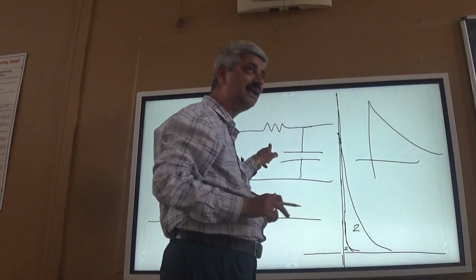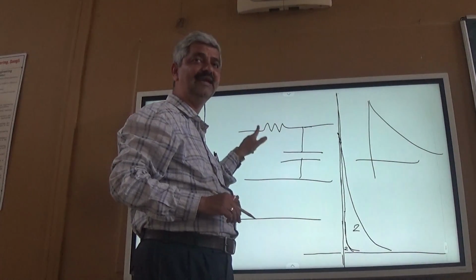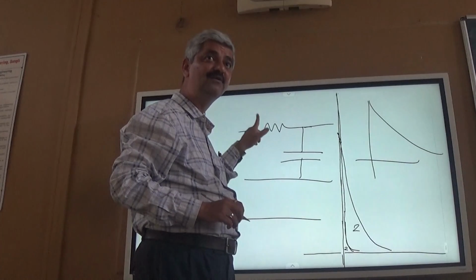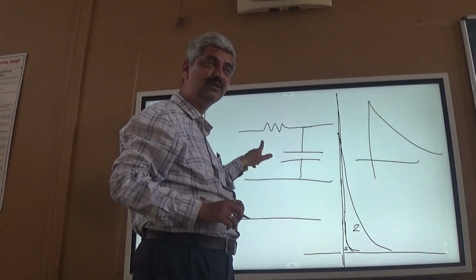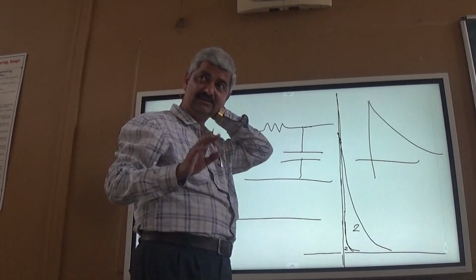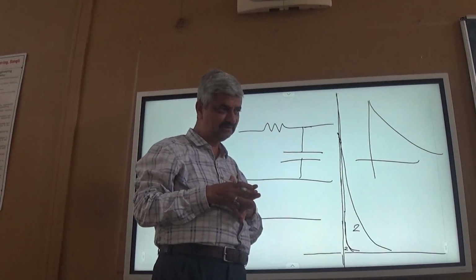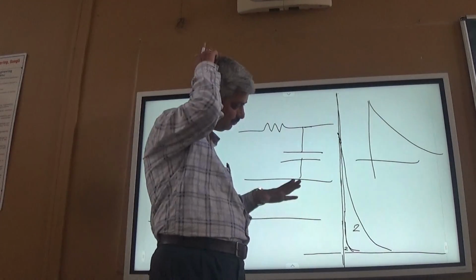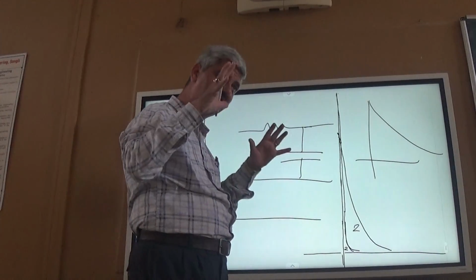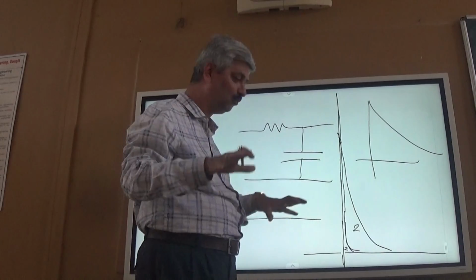So this is designed so that the gain should reduce as a function of frequency. Is it right? In many ways I have tried my level best that a theme gets imbibed within you.